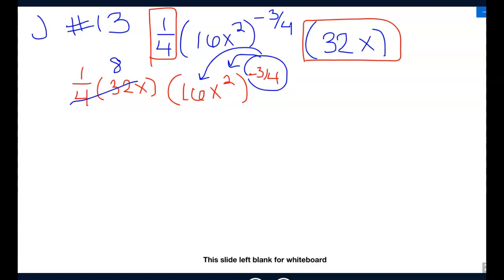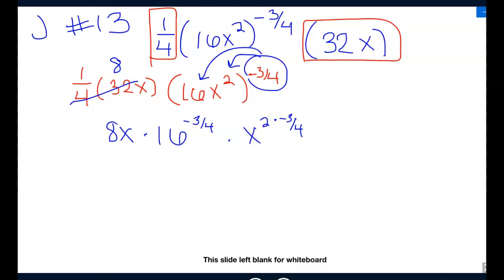So this becomes 8x times 16 to the negative 3/4 times x squared. A power to a power becomes multiplied to the negative 3/4. You can do either when you're simplifying.